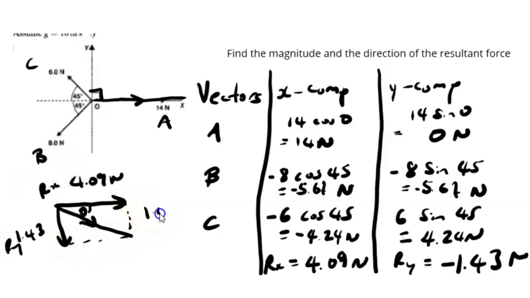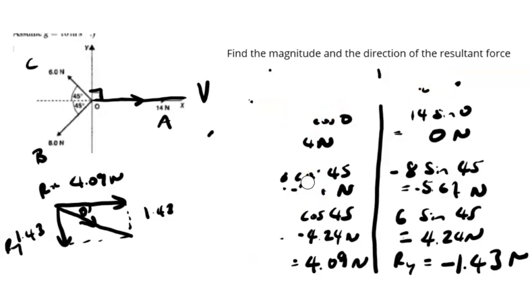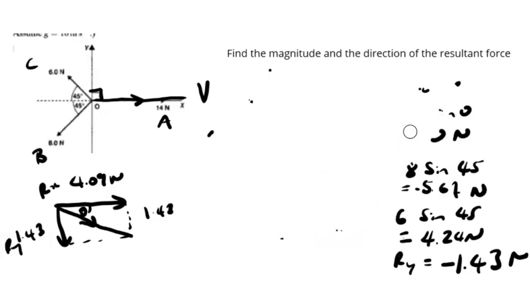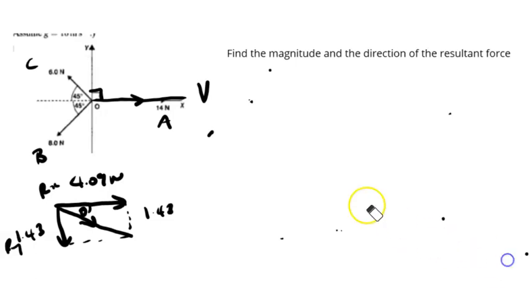Let me grab my eraser, and let's find the resultant as well as the direction of our resultant. Afterwards, we're just going to jump straight into answering 2 past paper questions from the CXC CAPE past paper, and then we're going to wrap up this series on resolving forces.